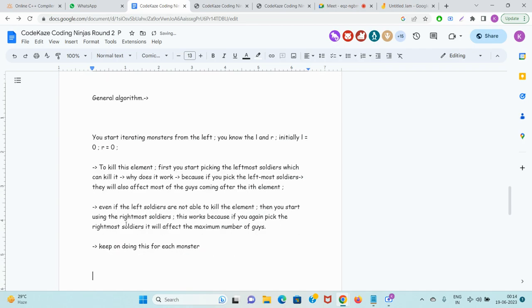Keep on doing this for each monster and your job is done. In case you are not able to erase that element, the answer will be -1.